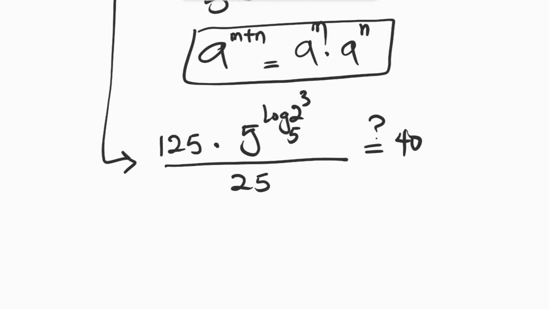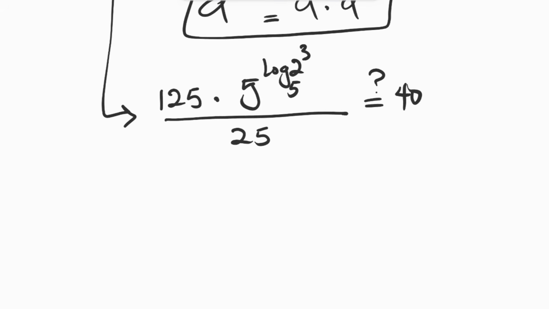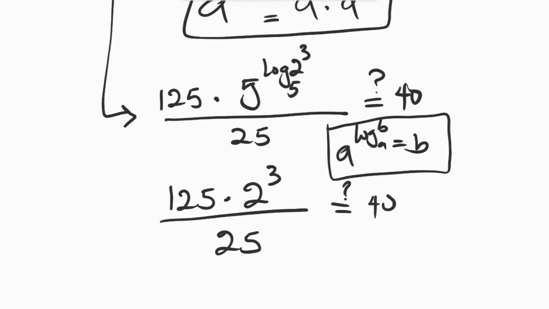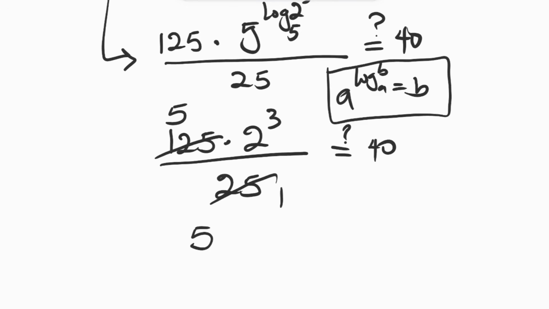Okay, so now we have 125 times. We know that a raised to the power the log of b base a is equal to b. So this becomes 2 raised to the power 3 divided by 25. Now 25 here is 1, 25 here is 5. 2 raised to the power 3 is 8.